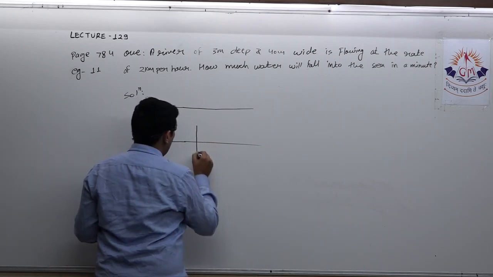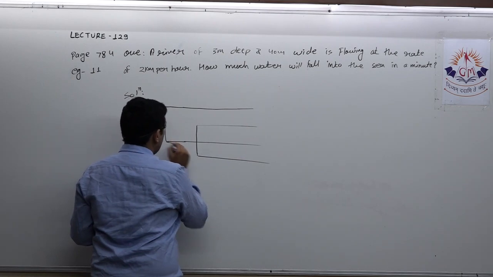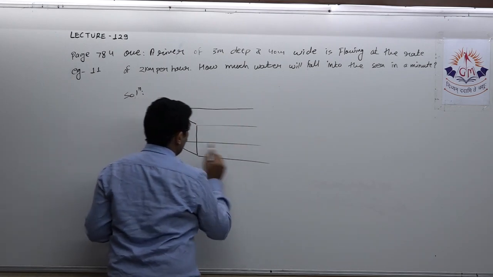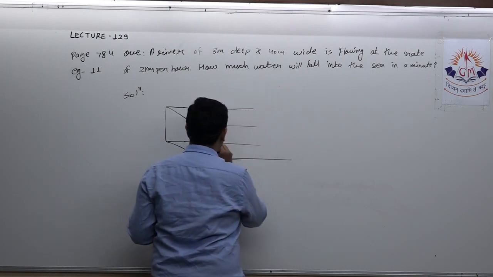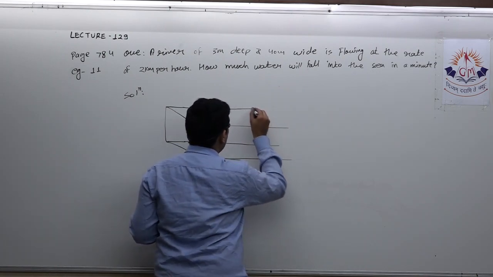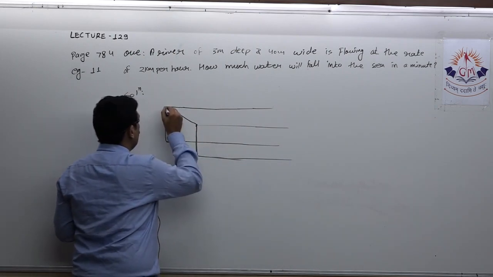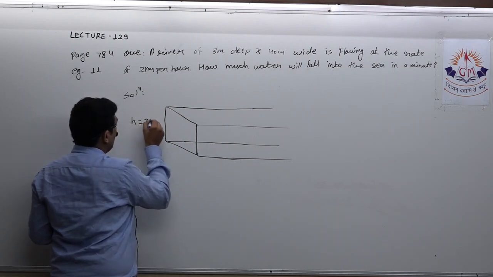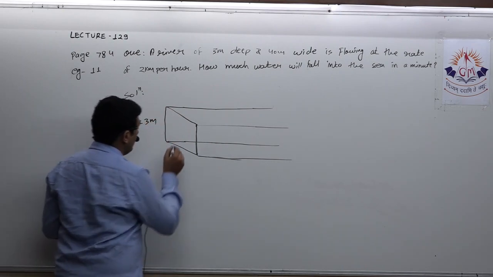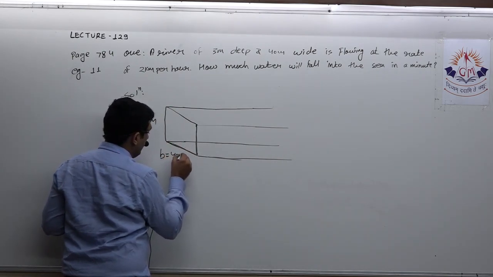However, it is not possible to draw the figure in exactly that shape, but we can say this is the river and water, whose length, depth and breadth are fixed. It is given this is 3 meter deep, so here I can say h is 3 meter. Also it is given this is 40 meter wide, so B is equal to 40 meter.